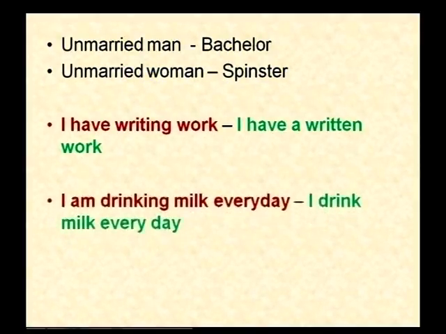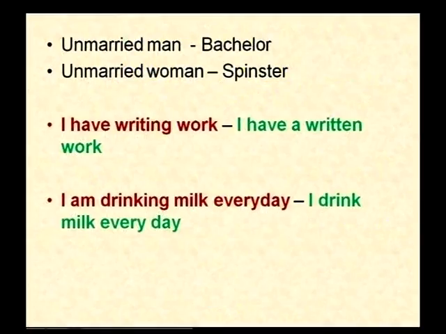Another example: I am drinking milk every day. It is an everyday activity, so you do not use the present continuous form. You should say I drink milk every day.